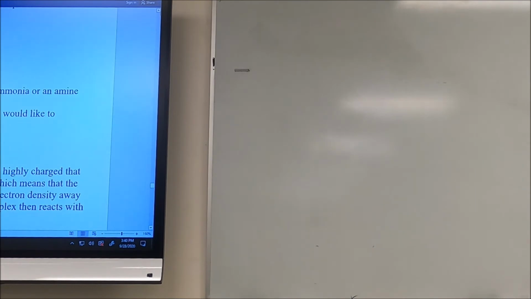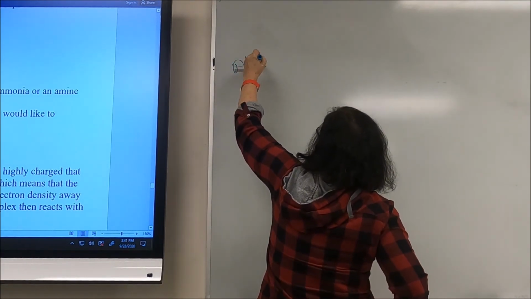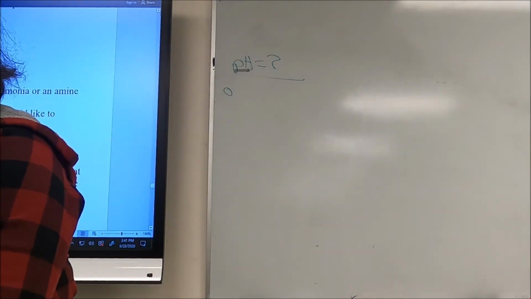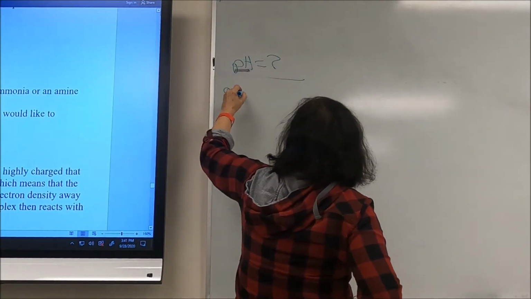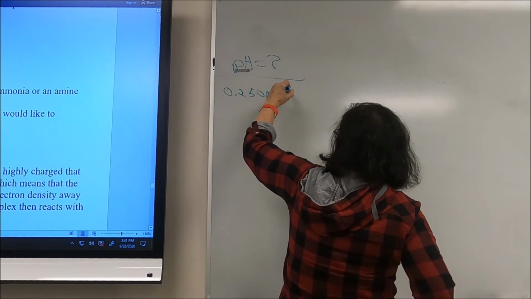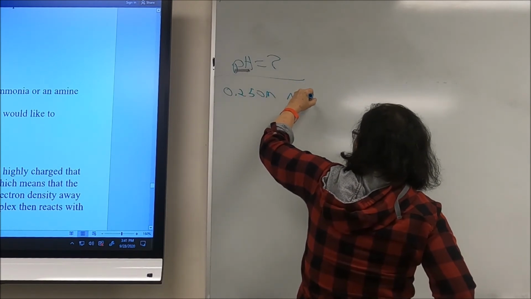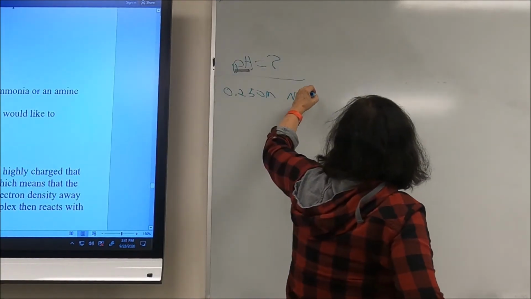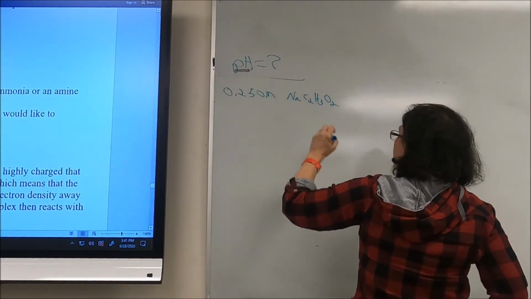When you're looking at the problem, it says, what is the pH of a 0.25 molar sodium acetate solution, NaC2H3O2? So we want to find the pH, and we're given a 0.250 molar NaC2H3O2.